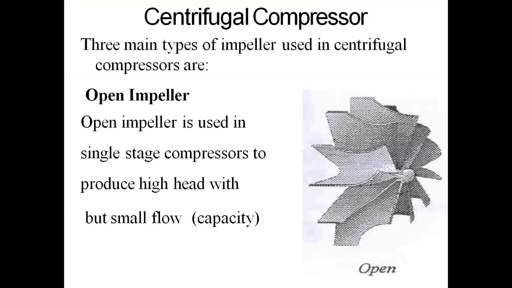Three main types of impeller used in a centrifugal compressor are, first, the open impeller. The open impeller is used in a single stage compressor to produce high head but small flow.